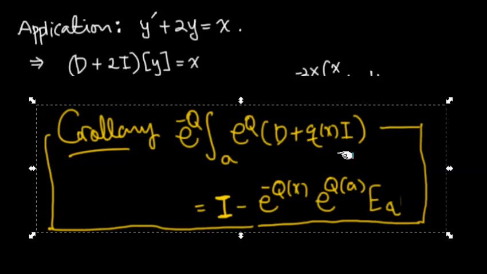If you're looking at d plus qI as an operator, if you go through this operator, it annihilates pretty much, leaving you this I part and the evaluation at a. So this is a pretty good annihilation. Not perfect, but it's pretty good. So that's what we're going to do. d plus 2I: here little q is 2, so big Q is going to be 2x.